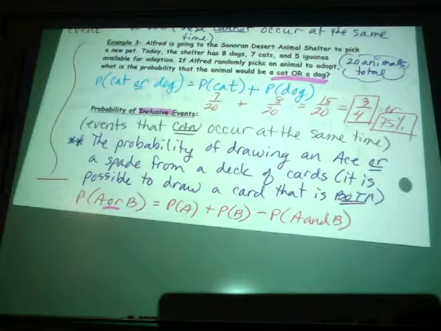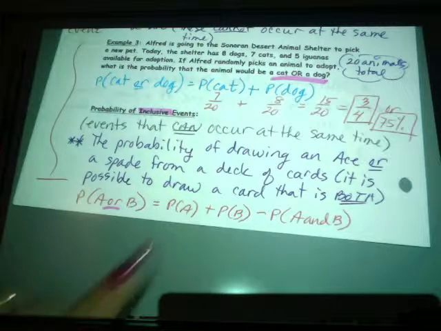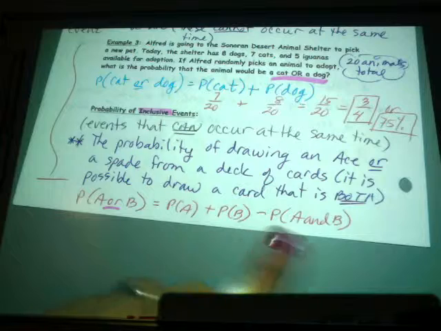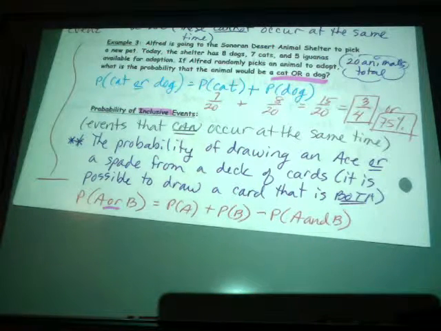I don't want them both to occur at the same time, so I don't want an ace of spades. How many ace of spades are there? 1 out of how many? 52. So I would have 4 out of 52 plus 13 out of 52 minus 1 out of 52. So there's a difference between inclusive and exclusive. I have to take away when they occur at the same time.